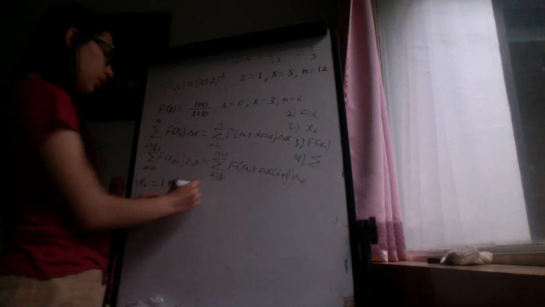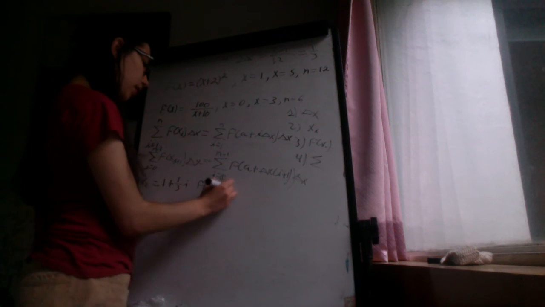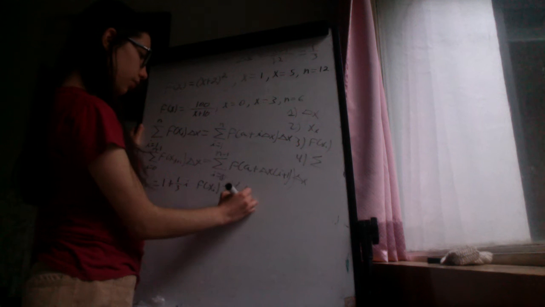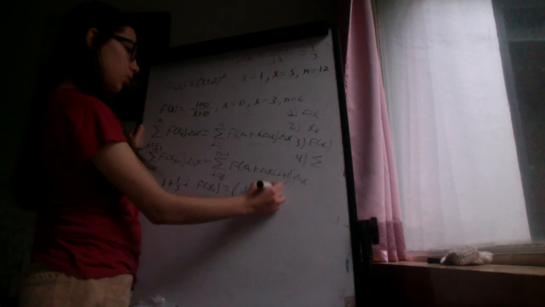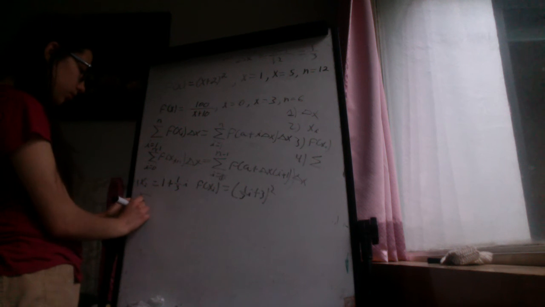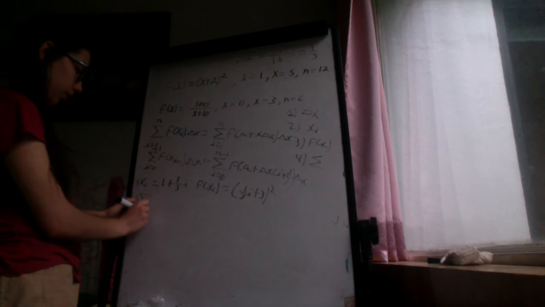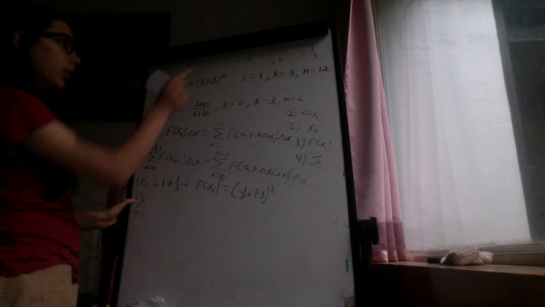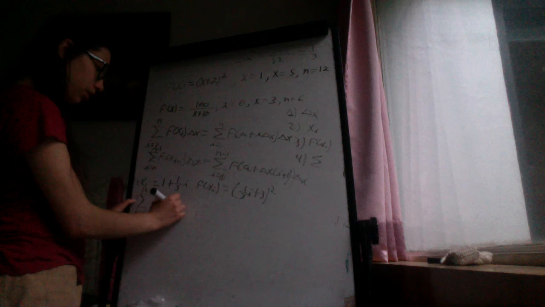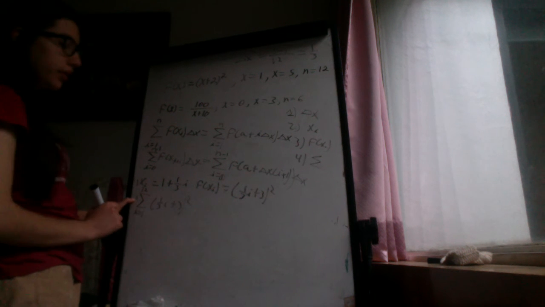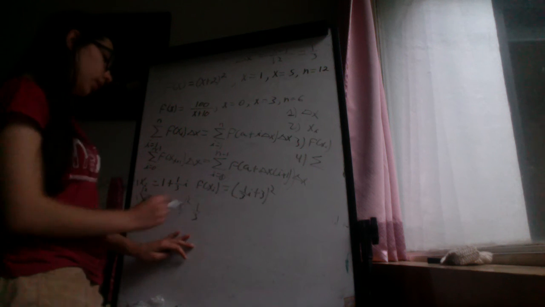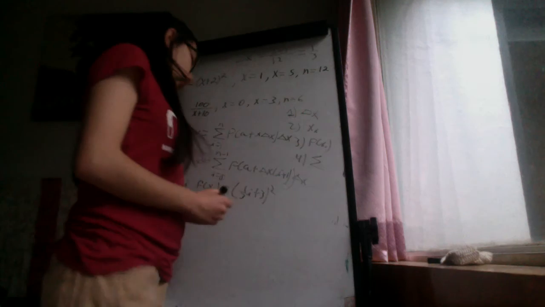This is x sub i. So f of x sub i is (1/3 i plus 3) squared. Sigma notation: the summation from i equals 1 to n, that is 12, of (1/3 i plus 3) squared times delta x, times 1/3.